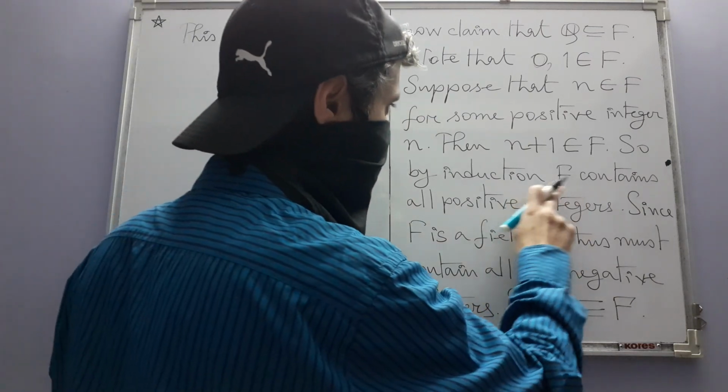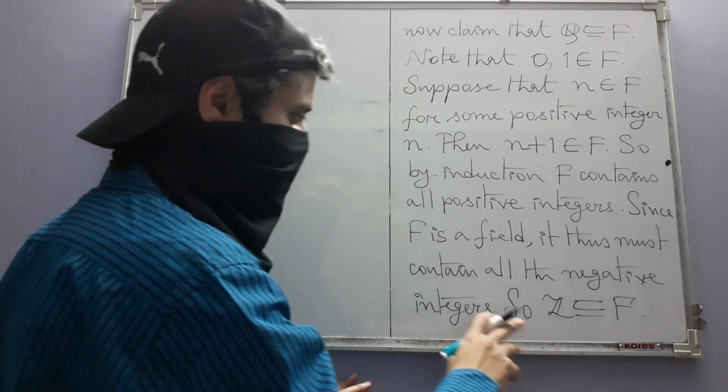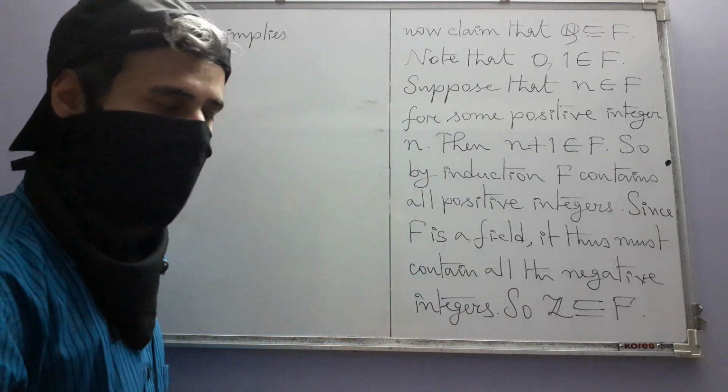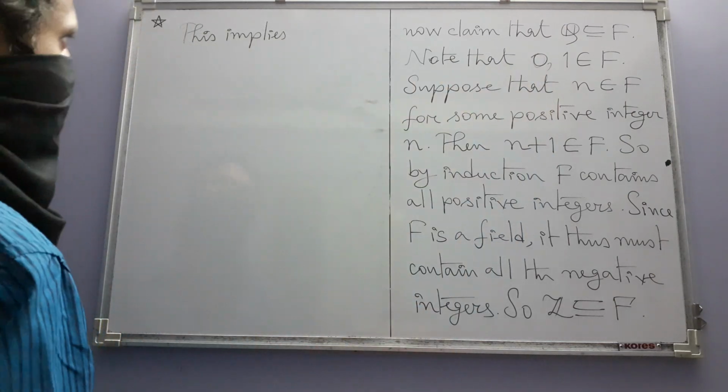Note that just F containing all the positive integers and all the negative integers is not enough. It also has to contain 0. So that's why we have written this separately in the beginning itself.